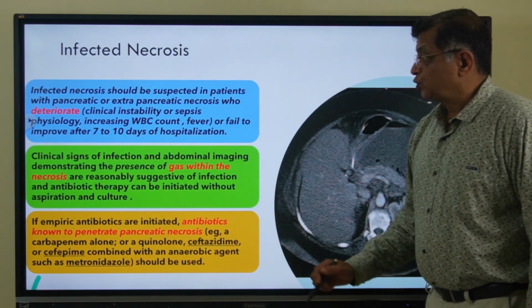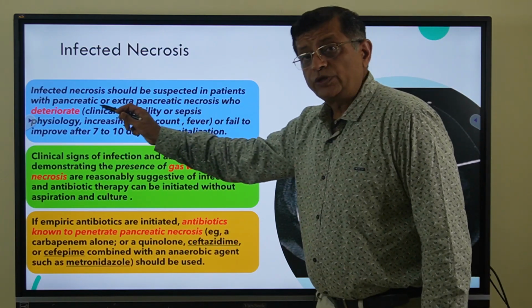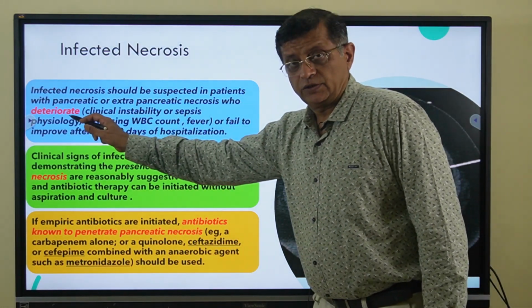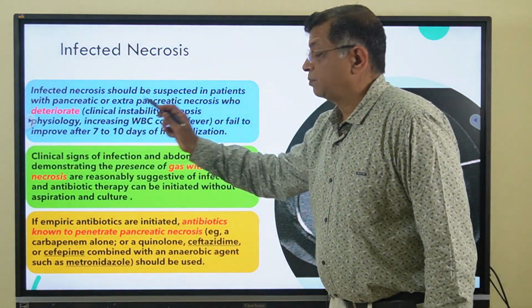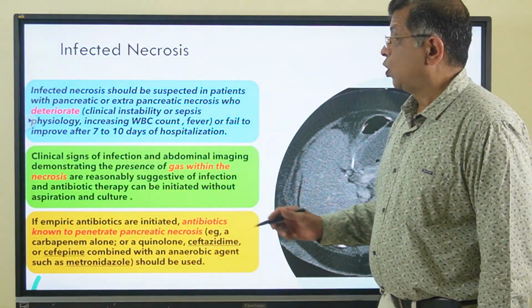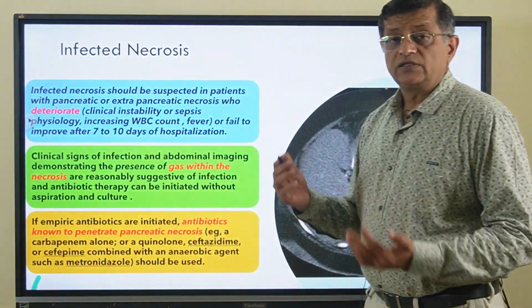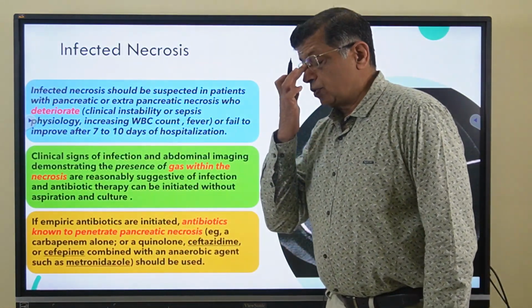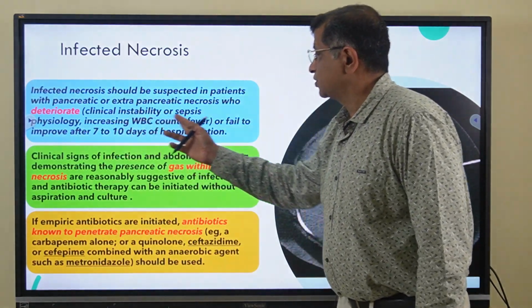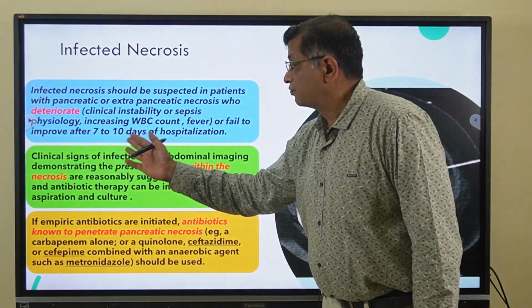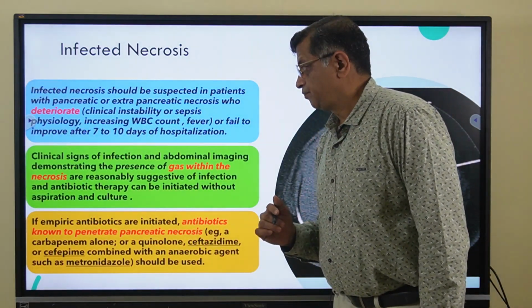Now, infected necrosis should be suspected in patients with pancreatic or extrapancreatic necrosis who deteriorate, right? So if they become hemodynamically unstable, or the sepsis escalates, or there is an increase in SIRS criteria, or increasing WBC count, fever, or the patients fail to recover even after 7 to 10 days of hospitalization.